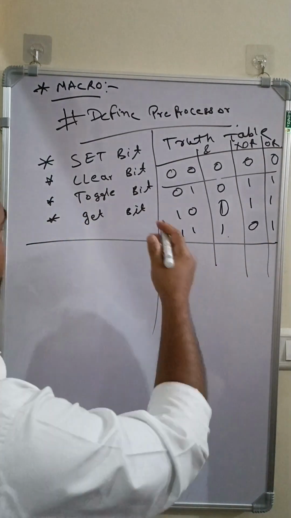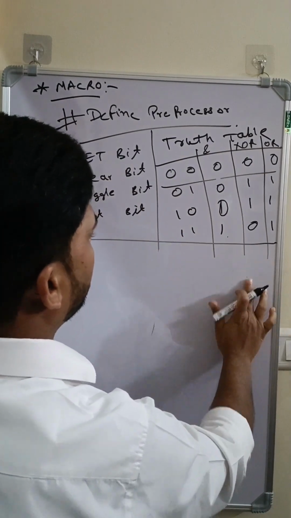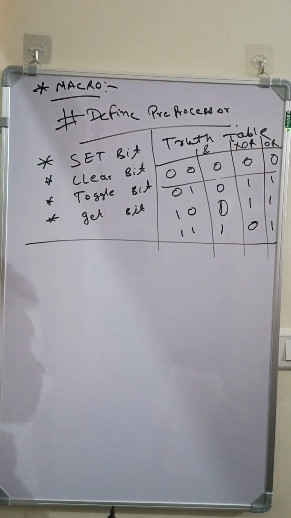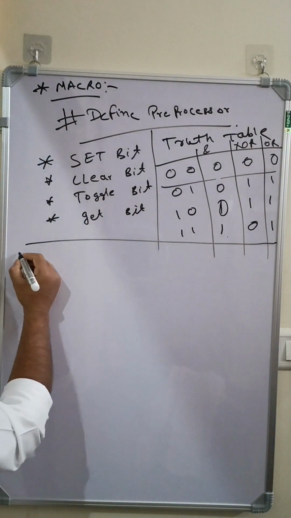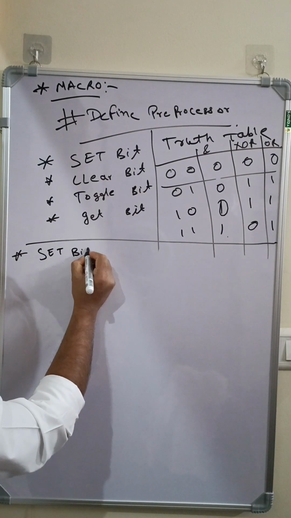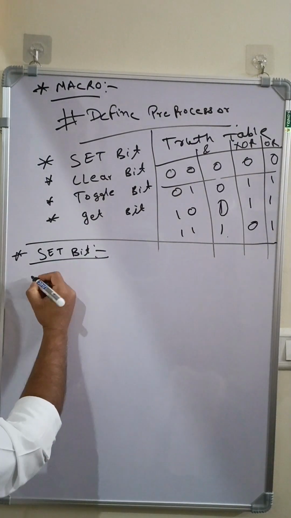Okay, now first we will do set the bit. So we have to keep the syntax in mind. So first we will take set bit. Okay, so in macro, what is the syntax?